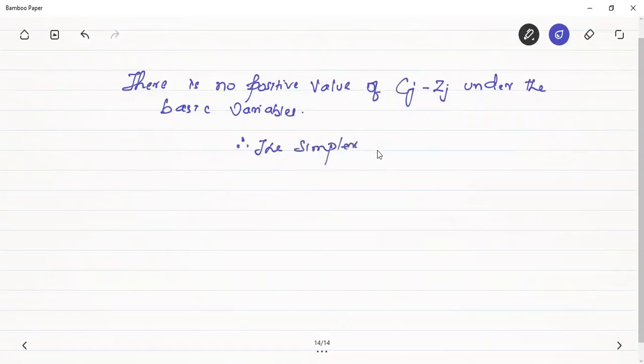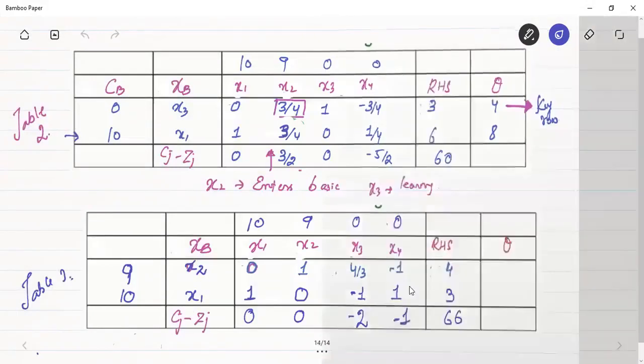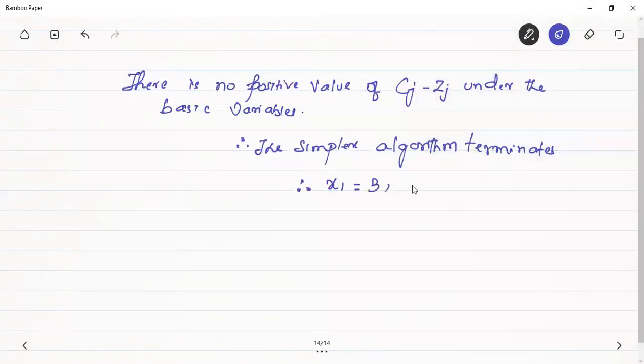Therefore, the simplex algorithm solution is what? X1 कितना आया? X1 came out to be 3, X2 is 4. Z optimum is what? 66.